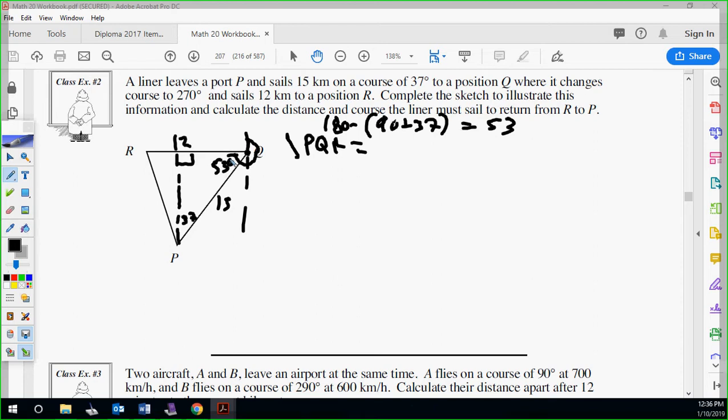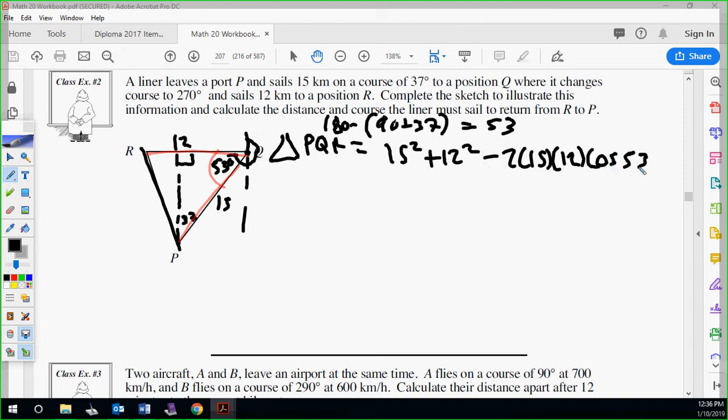Now that we've done that, to help us with PQR, remember, the goal is they want to know what RP is. So we're trying to find side RP. That is cosine law because we have side, angle, side now. So you're going to go 15 squared plus 12 squared minus 2 times 15 times 12 cos 53. Then you can calculate this and square root it.